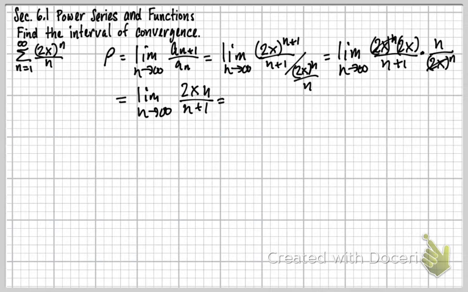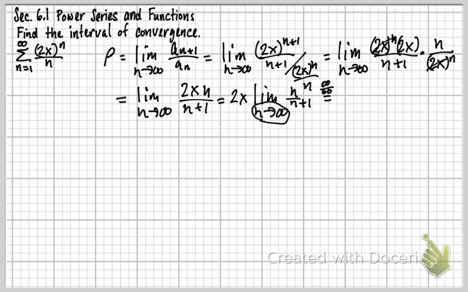And since the 2 and the x are not the variables I'm taking the limit of, I can treat those as a constant, which means I can pull them out front. So this is really just 2x times the limit as n goes to infinity of n over n plus 1. Then I can use L'Hopital's rule there because I get infinity over infinity.